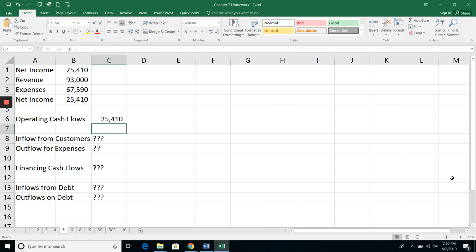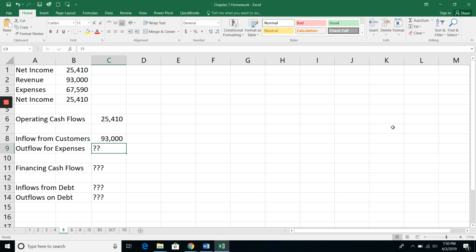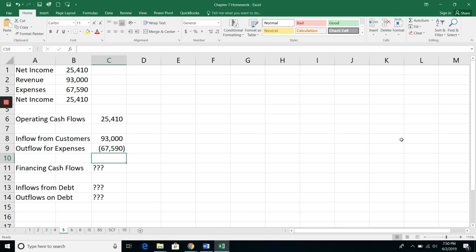So our operating cash flows was 25,410. Again, our inflow from our customers was our revenue at 93,000. Our outflow for our operating expenses was our interest as well as our other operating expenses. So the grand total of those two items is 25,410.